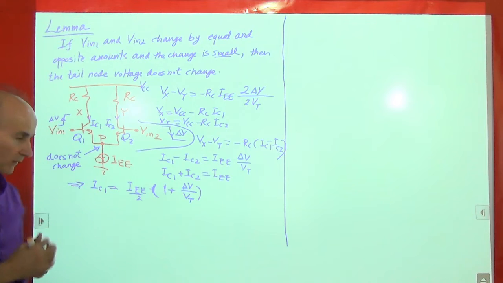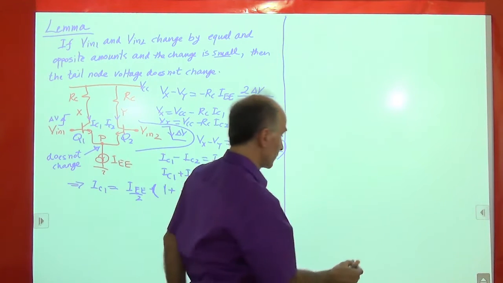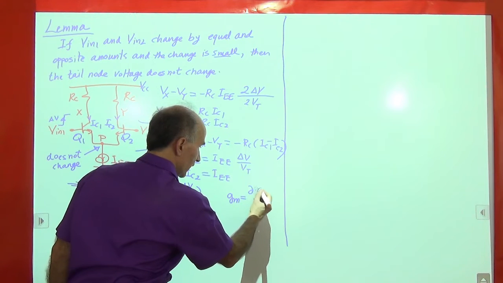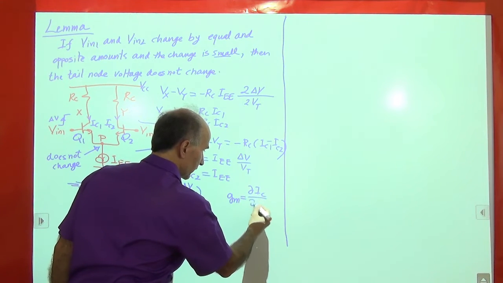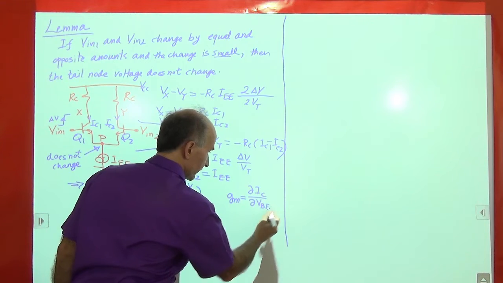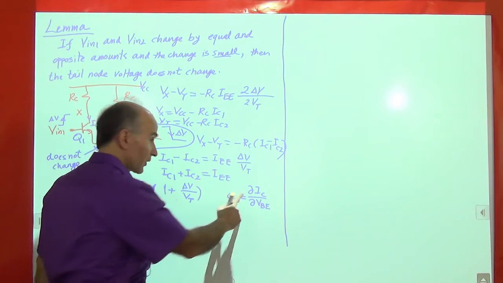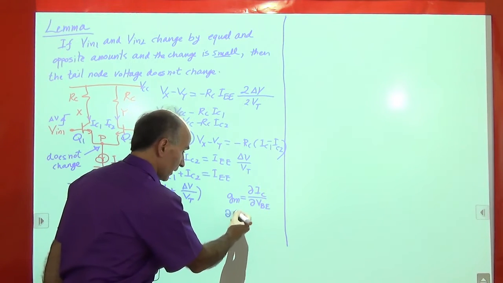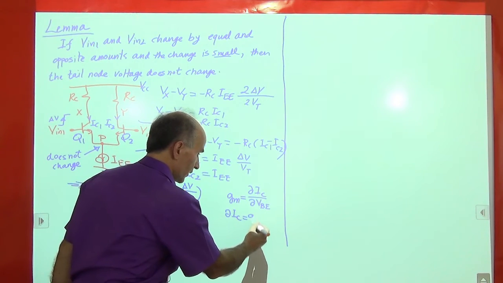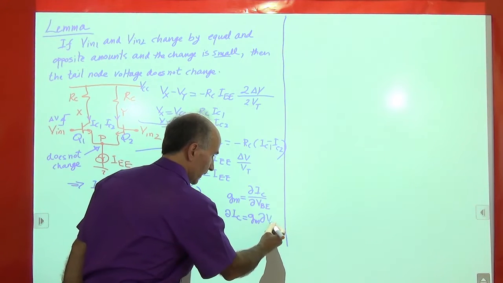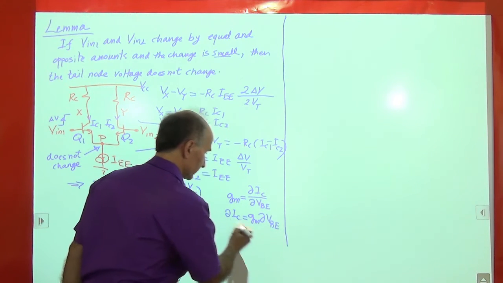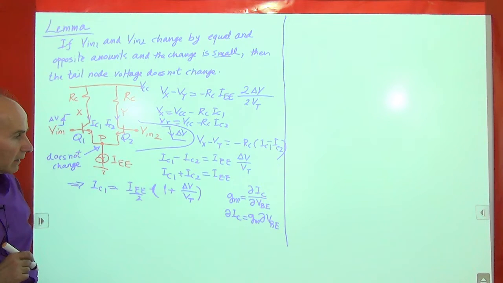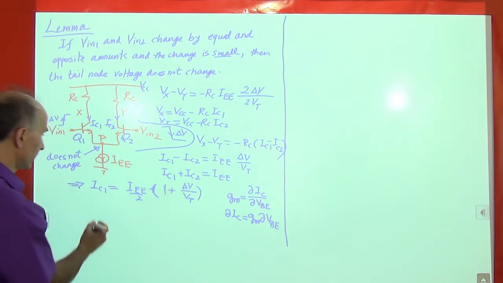All right, so we're going backwards. Well, we remember one thing. We remember that gm is the change in the collector current divided by the change in the base emitter voltage. So if I have the change in the collector current and I want to find the change in the base emitter voltage, I say that the change in collector current is equal to gm times the change in the base emitter voltage, right? Okay, so I have the change in the collector current.